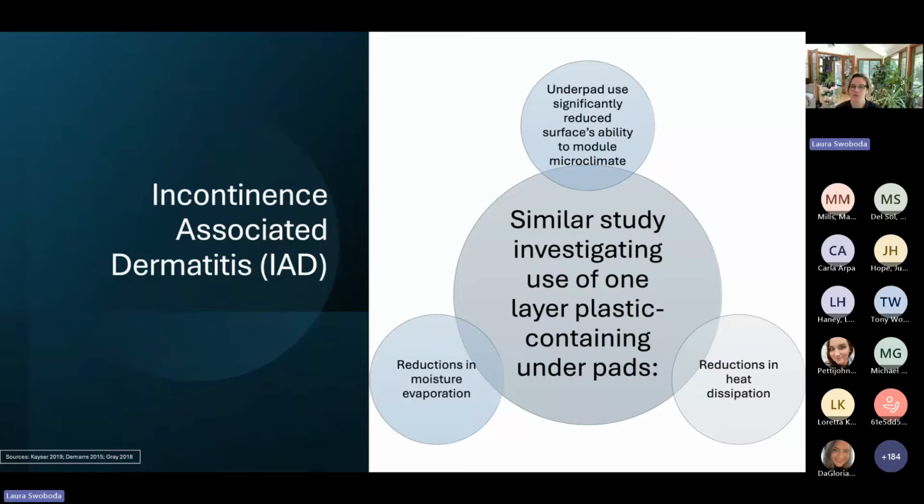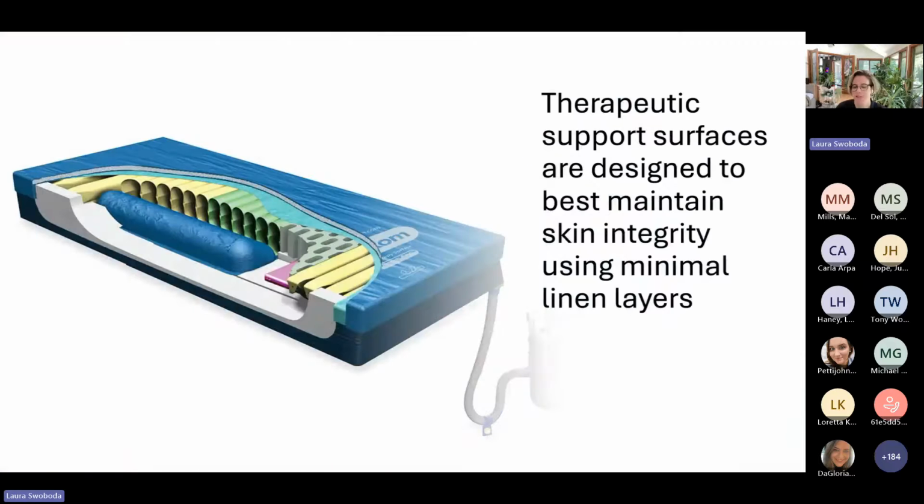But that underpad use significantly reduces the surface's ability to modulate the microclimate. So plastic backed linen layers are particularly bad to use. A lot of these interventions are looking at reducing the number of linen layers and then also making sure that people are just using a single paper backed linen layer if you can.